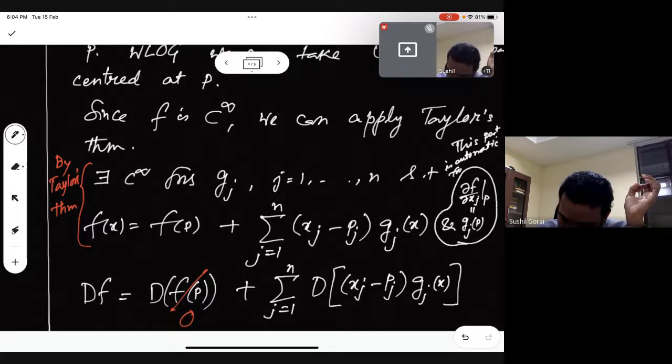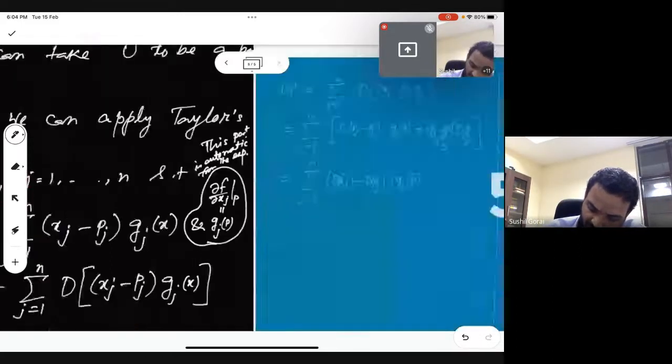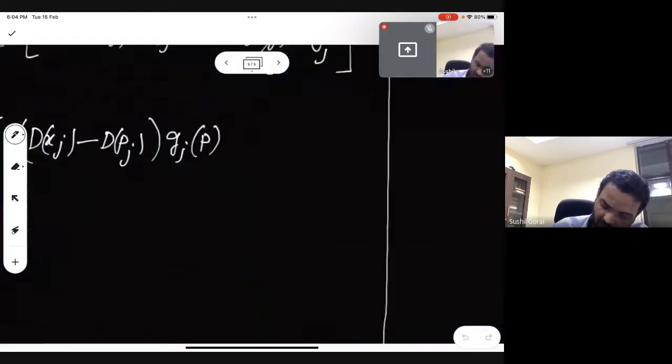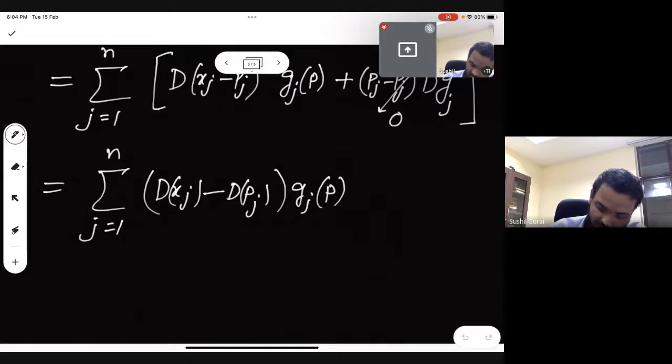But this part is an important observation, and we would need it here.